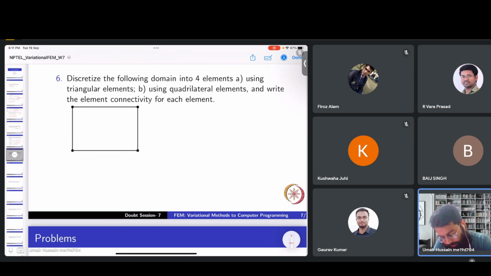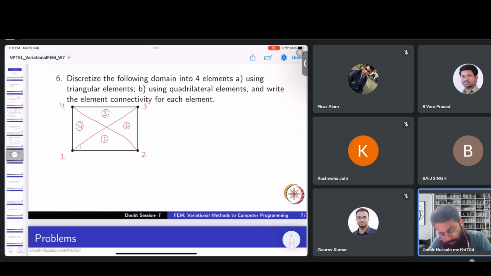We can just do it right here. To get triangular elements, we just need to draw two diagonals. We'll have four triangular elements. We do the global node numbering as 1, 2, 3, 4. We'll keep the same for both. And then we'll start numbering the elements 1, 2, 3, 4.